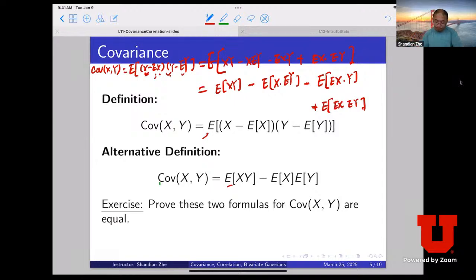Okay, so now let us look into those terms one by one. For the first one, there's nothing you can do with that. You have to calculate the expectation of the product between X and Y. So how about the second term? What is the expectation of X multiplied with E[Y]?